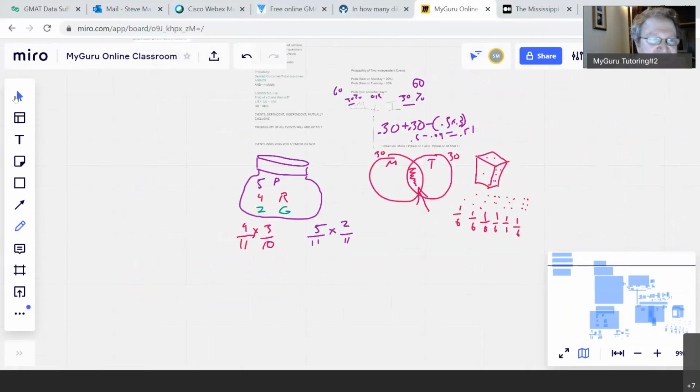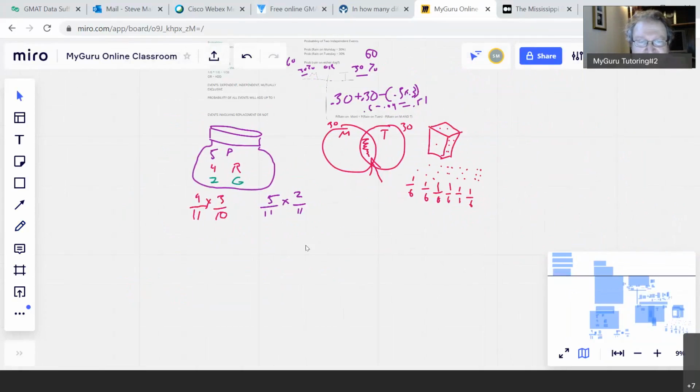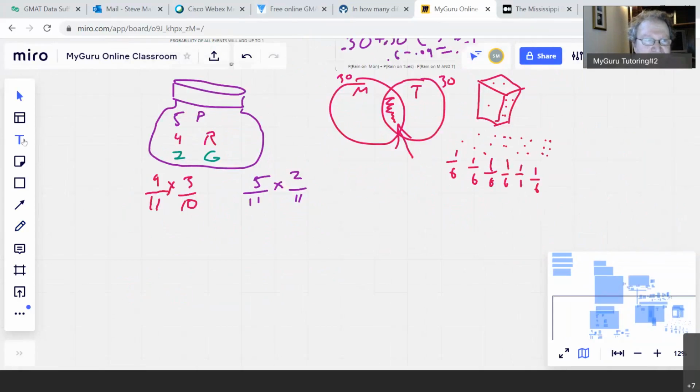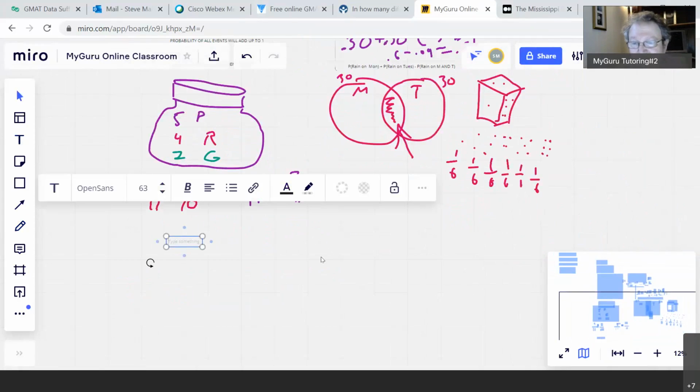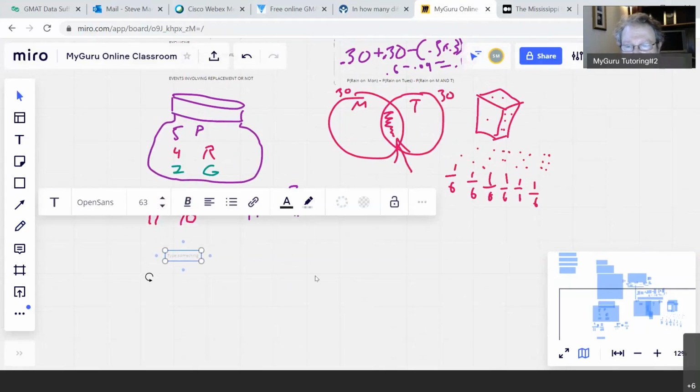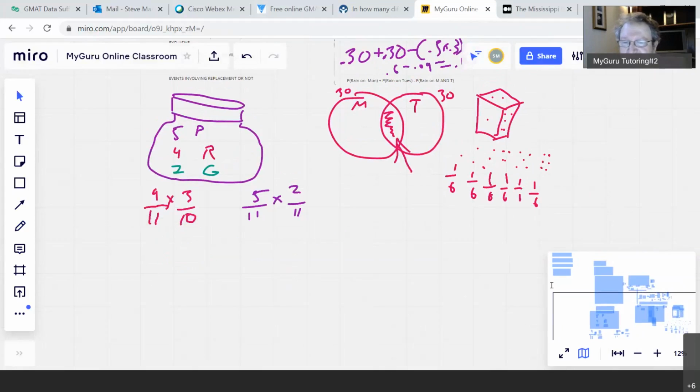Okay, next is sometimes you will come across probability questions that deal with the terminology at least. Sorry, so one green and one purple.